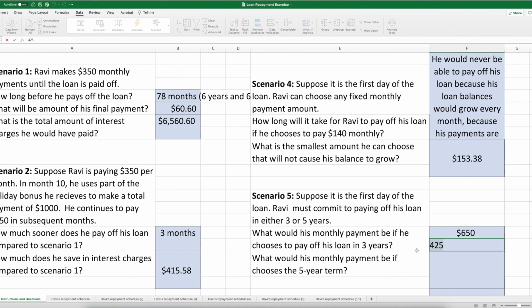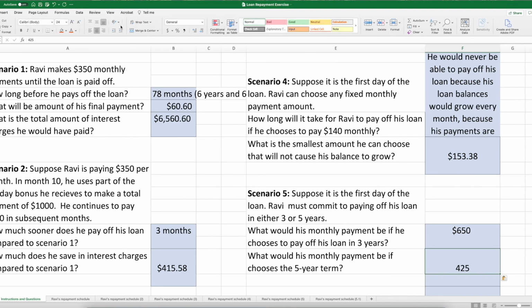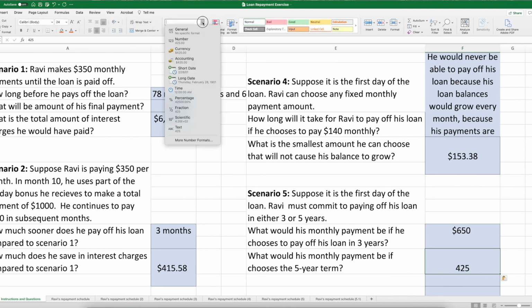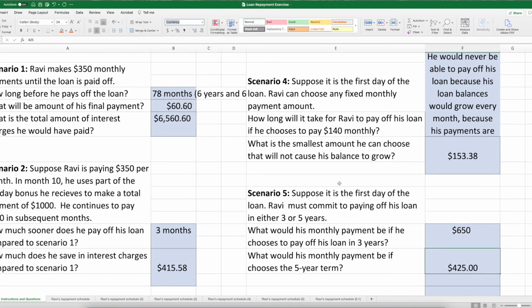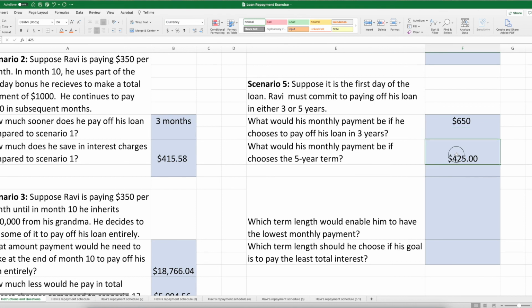Well, I put it in the wrong cell. Okay, which term length would enable him to have the lowest monthly payment? Well, if we compare the monthly payment amounts, obviously the 5-year loan would allow him to have the lowest monthly payment because his repayment is spread over more months.